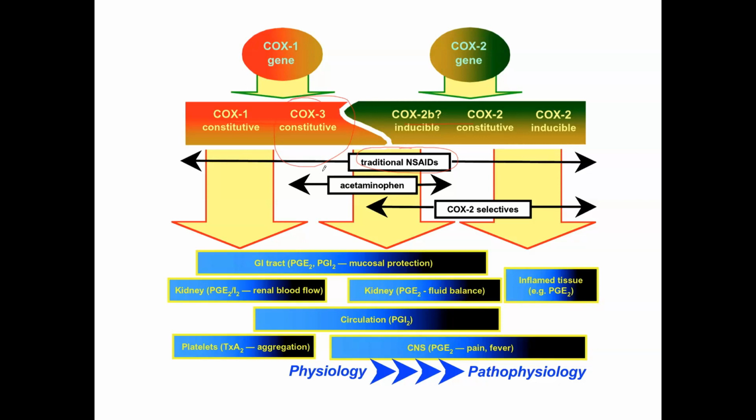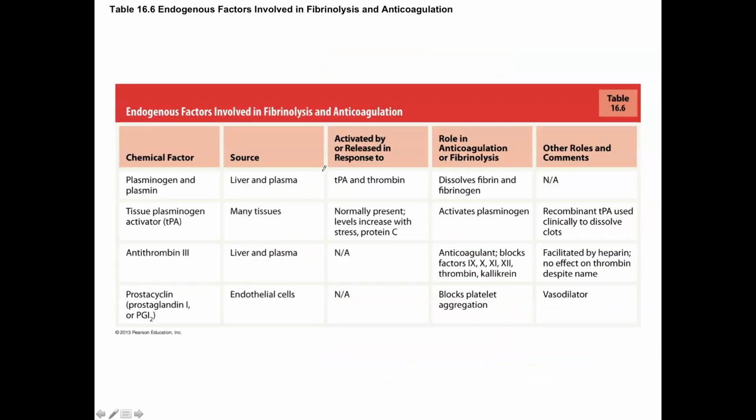And then the last diagram I want to show you is just a quick little summary of some of the things that we were talking about as it relates to fibrinolysis and anticoagulants. So we were talking about heparin and how it affects antithrombin 3. We talked about tissue plasminogen activator and its role in fibrinolysis.